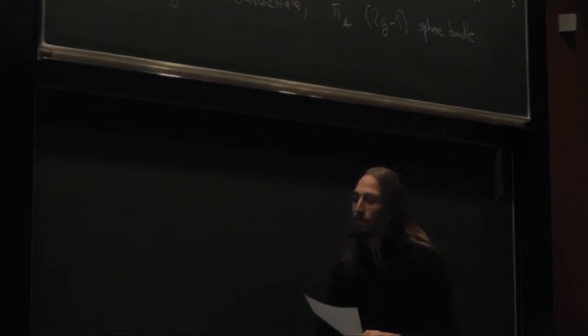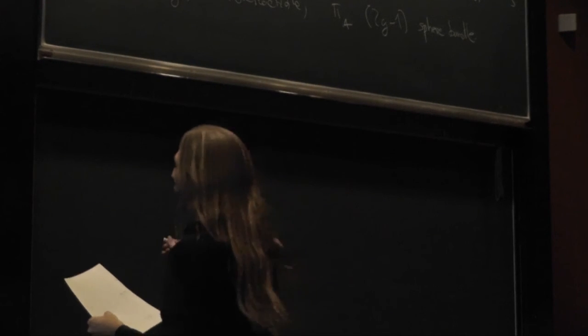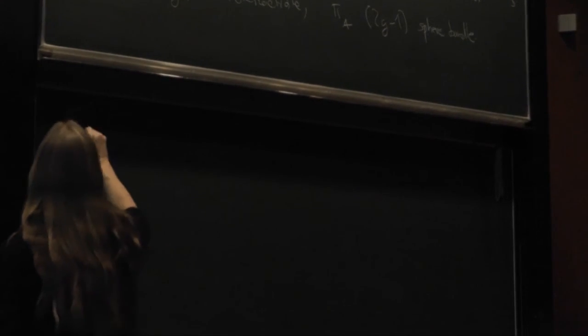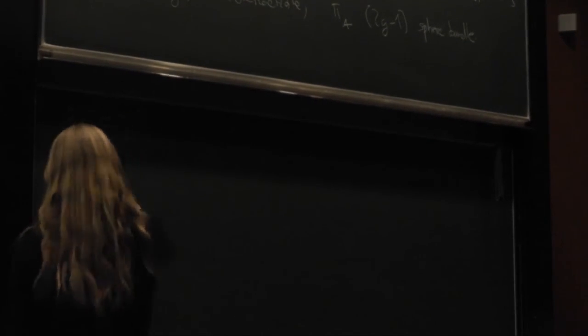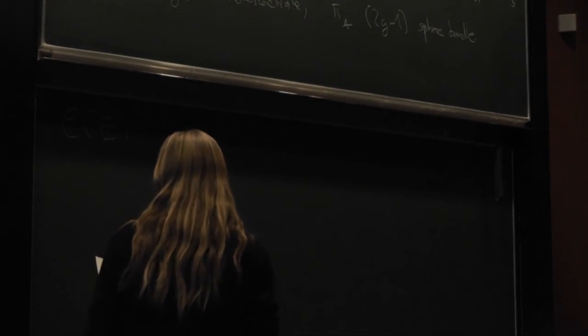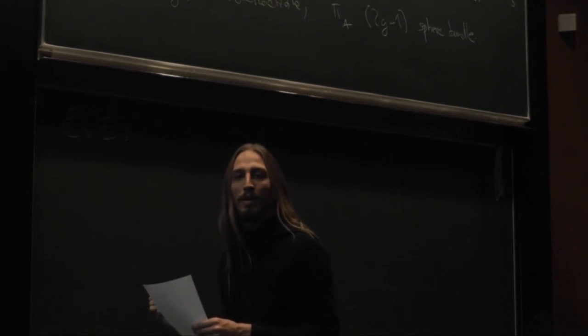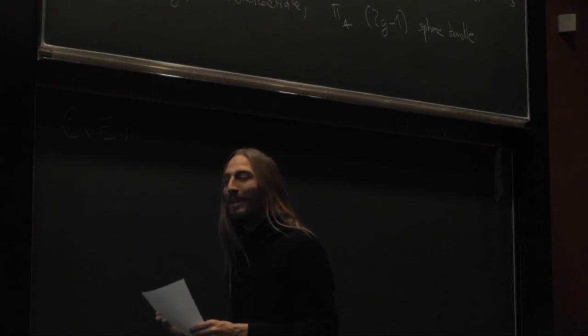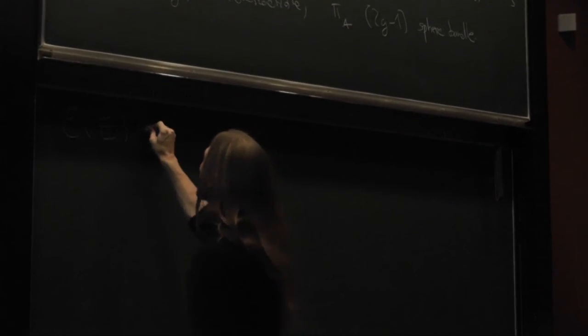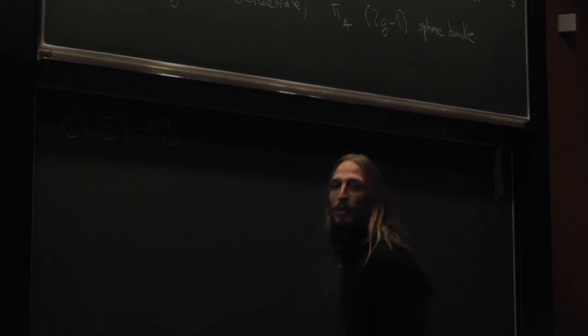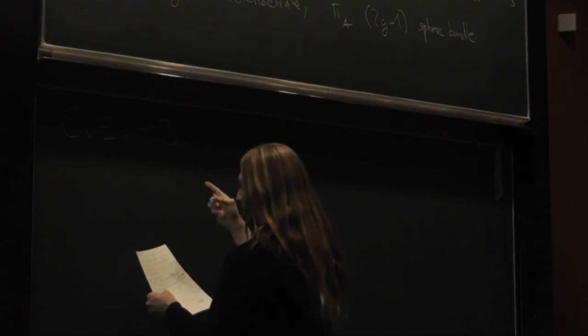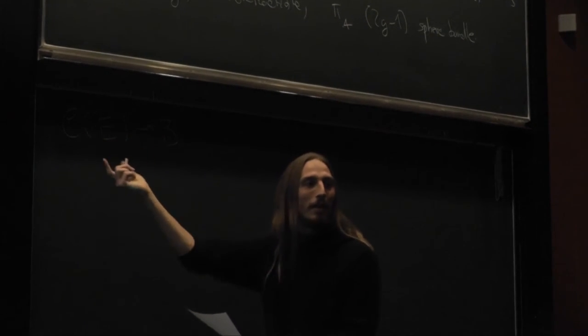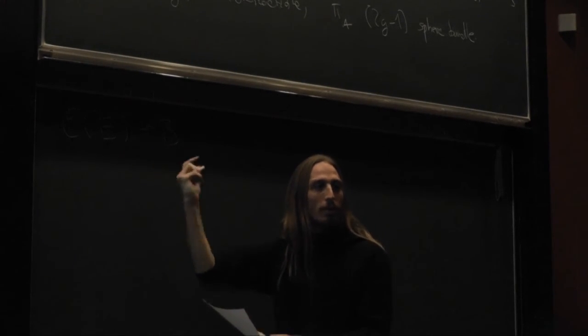So this is just for one surface. Now we're looking at families of surfaces, but we can take the same definitions. So right, C of E, and what is this? So this will now be a bundle over the base, and the fibers of this are then the almost complex structures on the fibers.